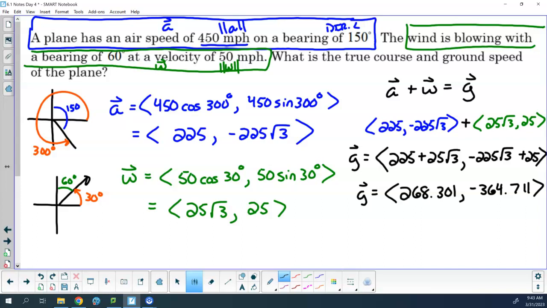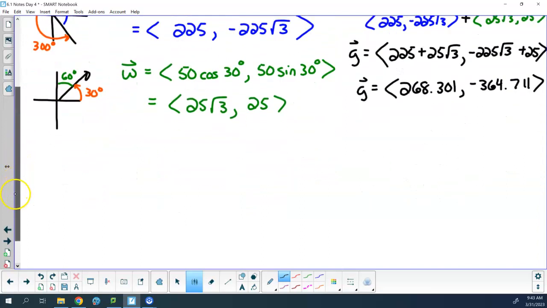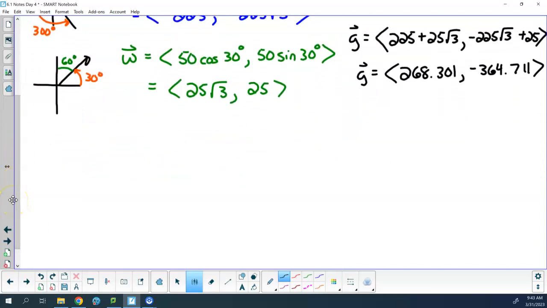Okay? So that is the vector of our true ground speed and direction. But that's the vector of it. How do I find what the actual true ground speed is?